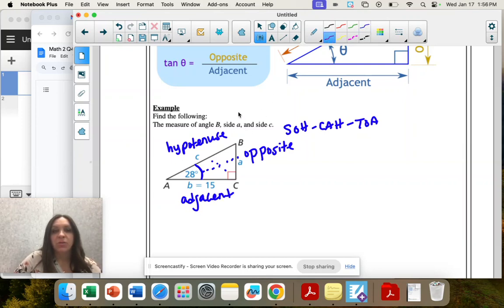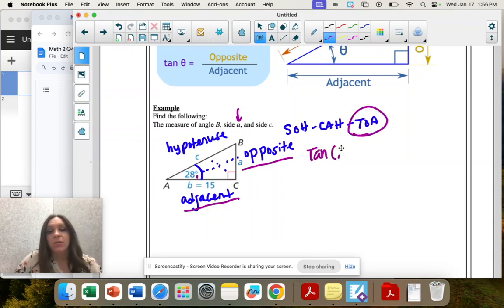So let's start with side A. We want to find the opposite, and we have to use what we're given. We know the adjacent, and we know the angle. So which one has OA? Tangent, right?